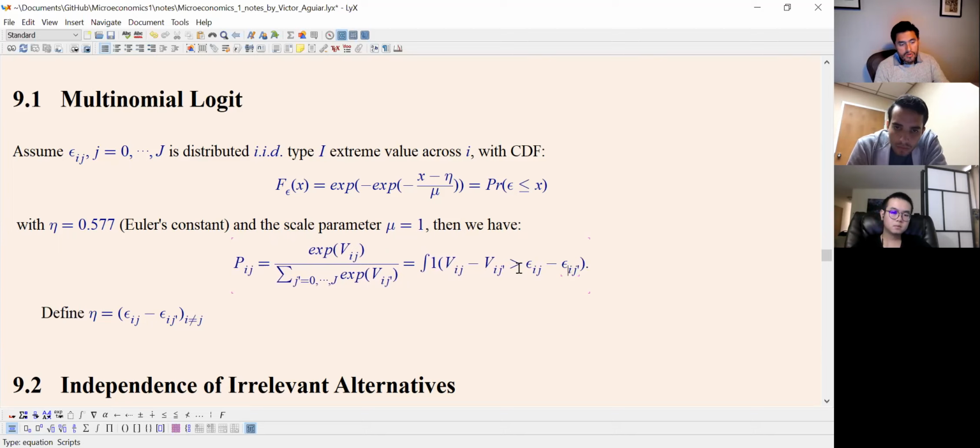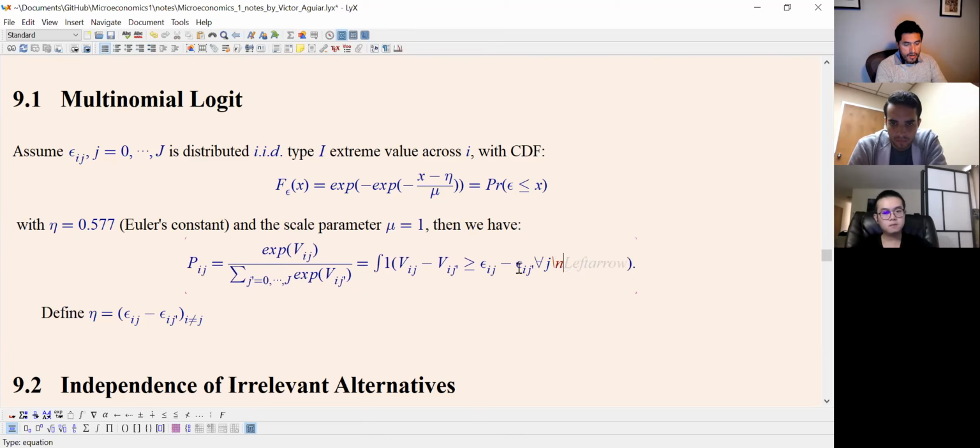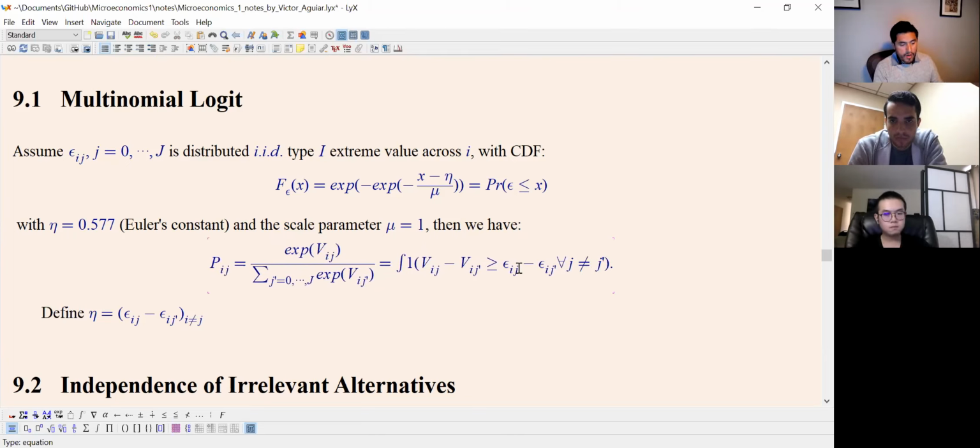So this is a continuous distribution, so ties happen with zero probability, right? So I can replace this by the weak inequality. And this happens for all j different from j prime, okay?